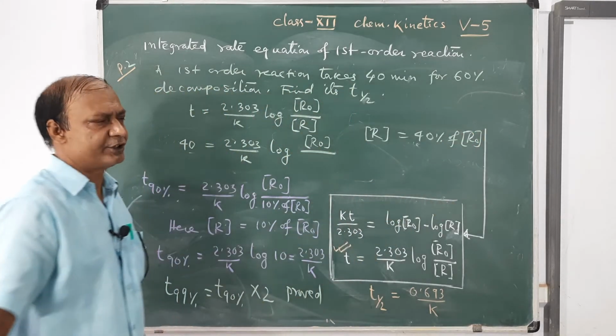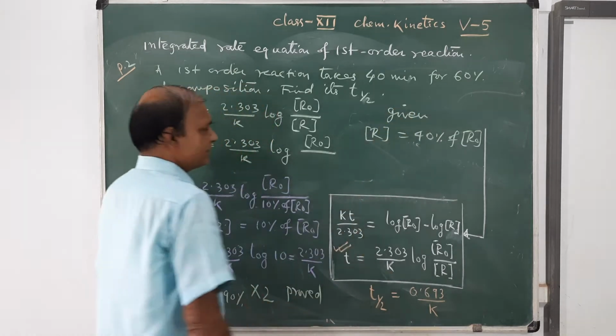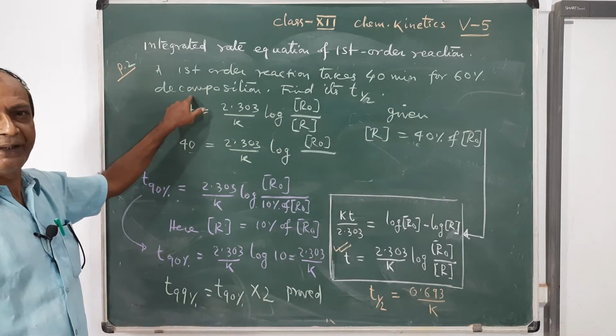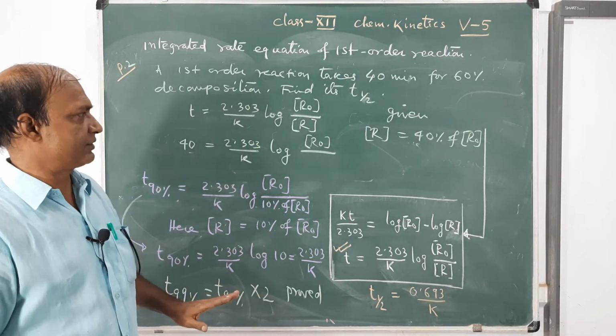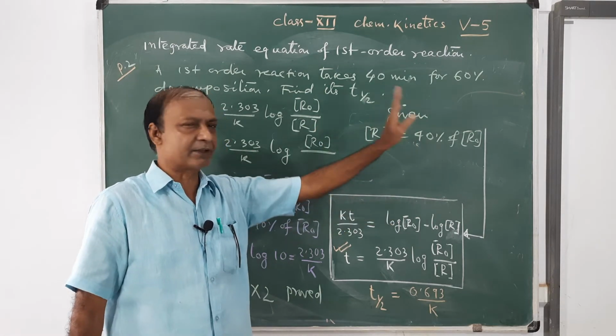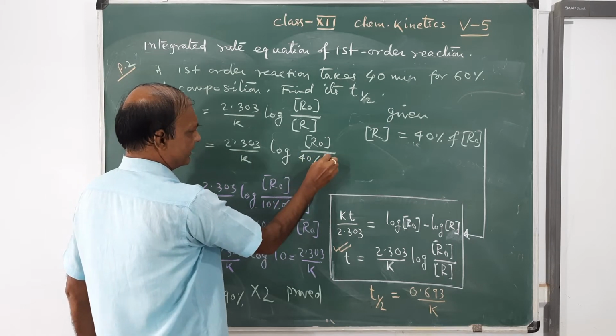It is given in the question that 60% reaction has occurred. 60% decomposition means 60% reaction has already taken place. So what is the concentration of the reactant left? 40% of R naught.